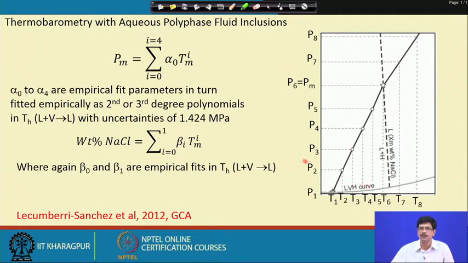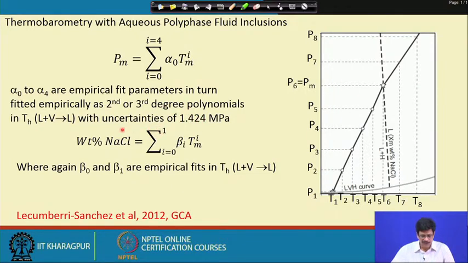It is not worked out on the vapor plus halite stability field, and such a formulation also has an uncertainty of about 1.424 megapascal, which translates to about 14 bars of pressure.